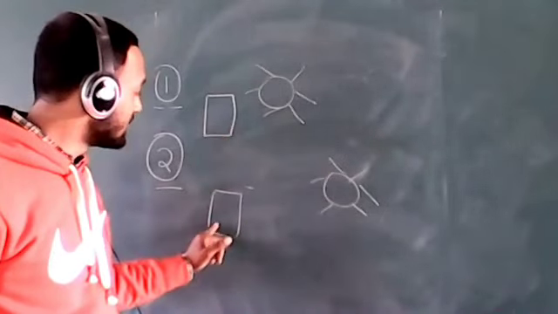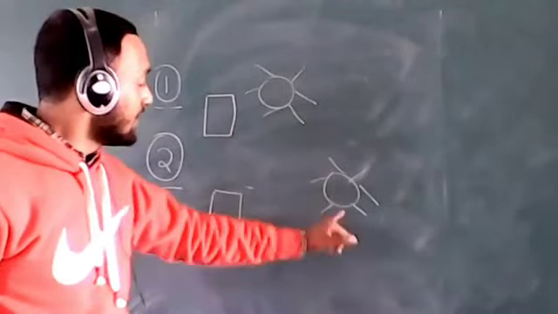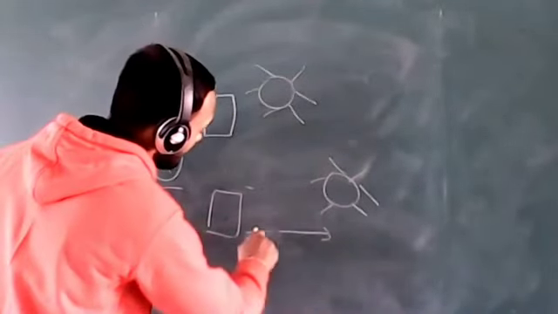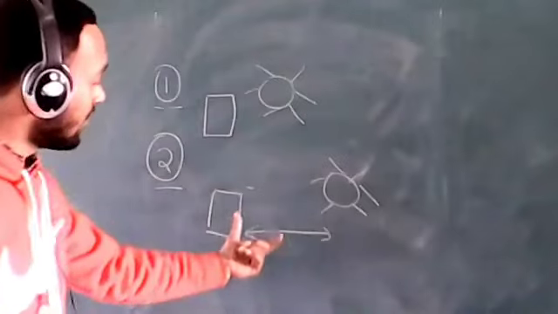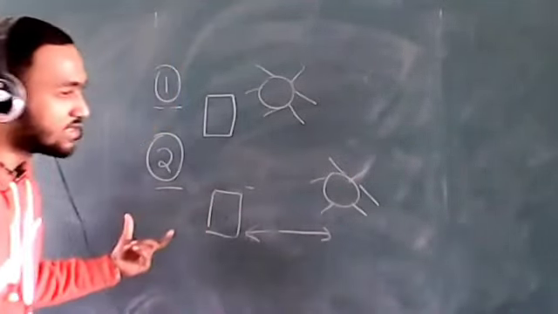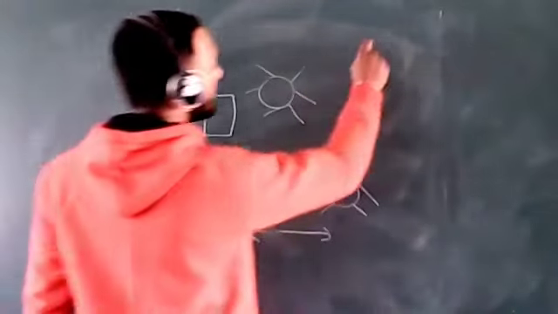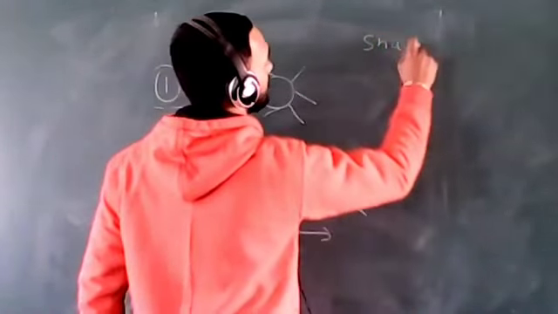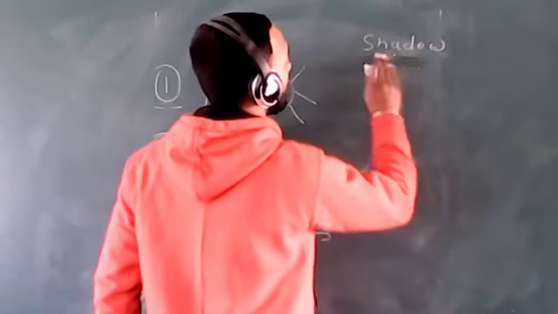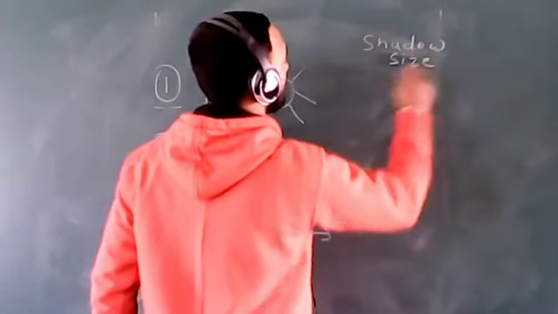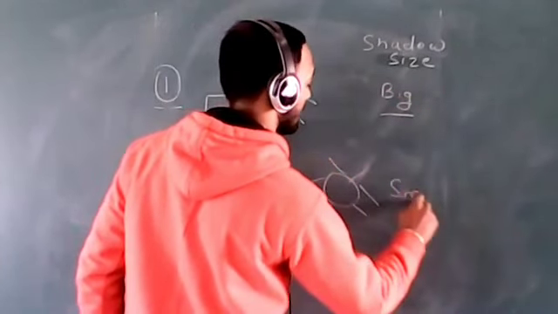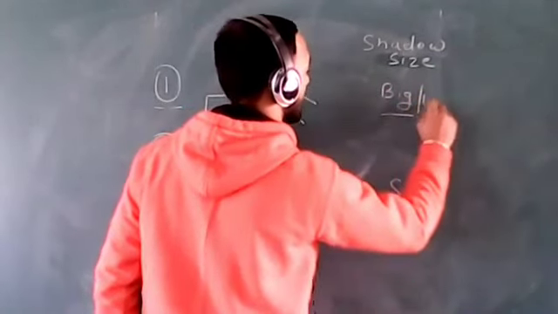If the distance between the opaque object and the light source is long, or we can say it is away from the light source, the length of the shadow will be small. So here shadow length or shadow size, big, small, we can say large shadow.